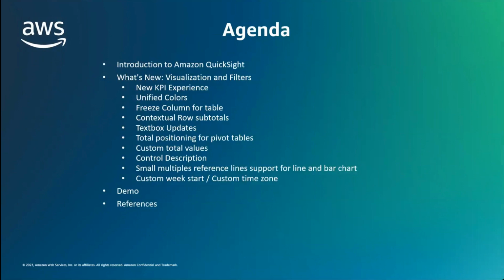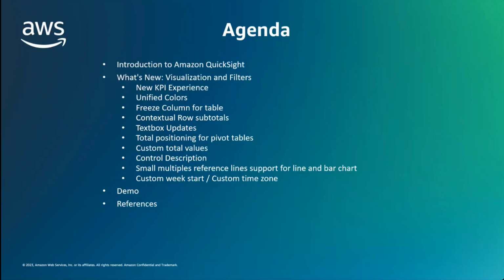So for the agenda today, we'll do a brief introduction about Amazon QuickSight for folks who are new. We'll dive deep into all the new visualization updates. That is the new KPI experience, the unified colors for fields. We'll show how to freeze and unfreeze columns for tables.